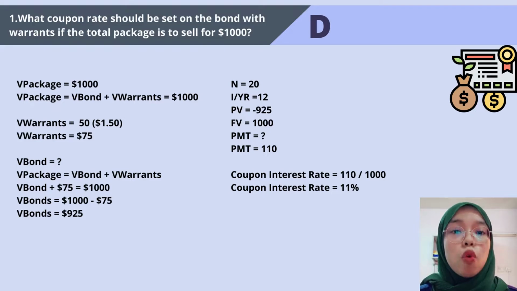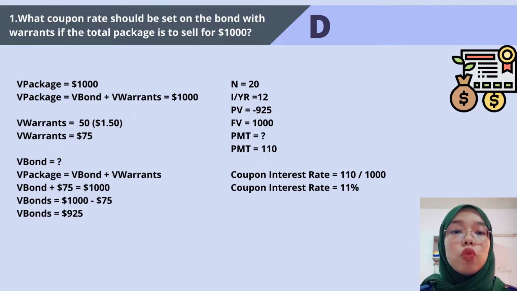Next, we will need to solve for the payment. Firstly, we use a financial calculator. We enter N equal to 20, interest rate per year equal to 12, present value equal to negative 925, future value equal to 1,000, and lastly, we get payment is $110.